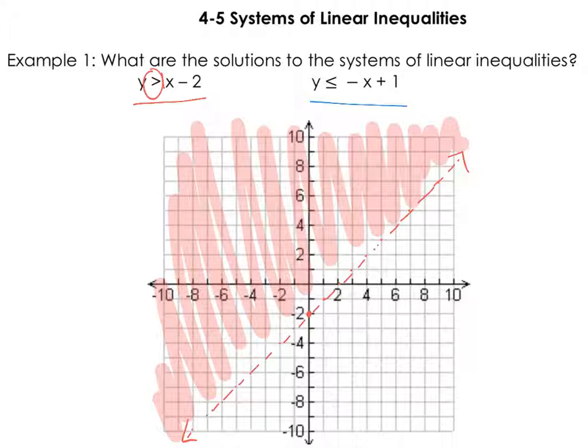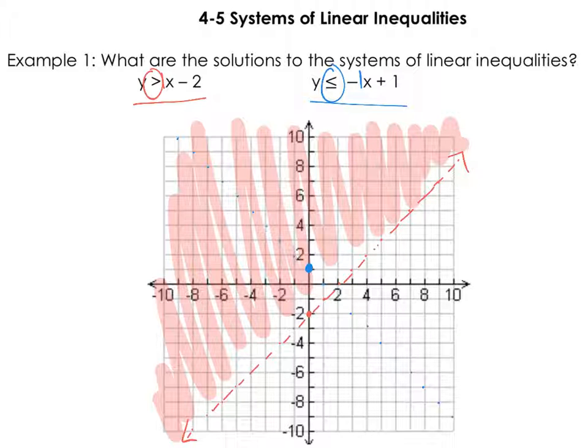So I'm going to begin at +1 on my y-axis, and my slope is a -1. So I'm going to go down 1, right 1, as far as I possibly can go. Once I run out of room, I'm going to go the opposite direction and go up 1, left 1, as far as I possibly can go. Now remember, we got to be careful about our line.